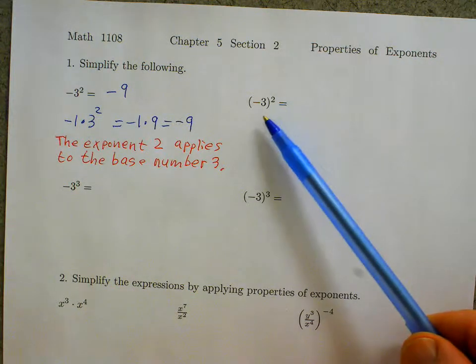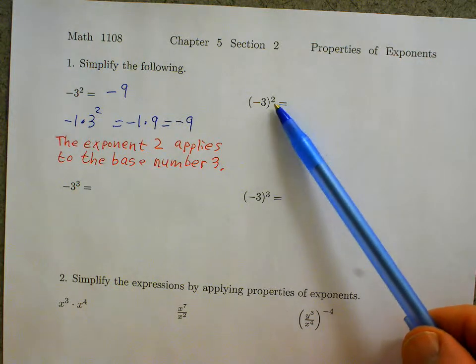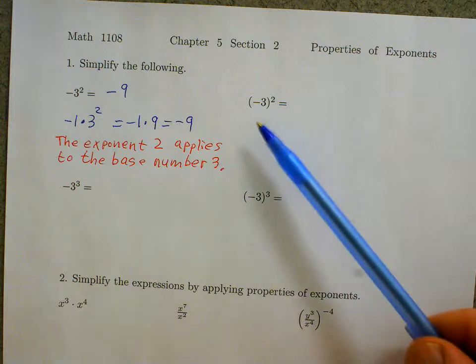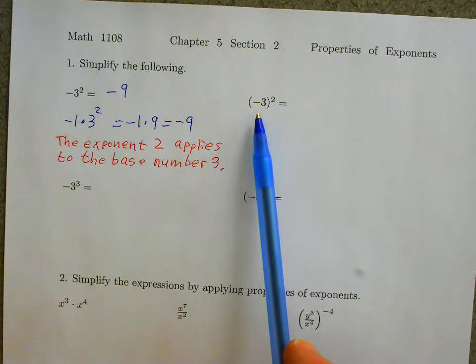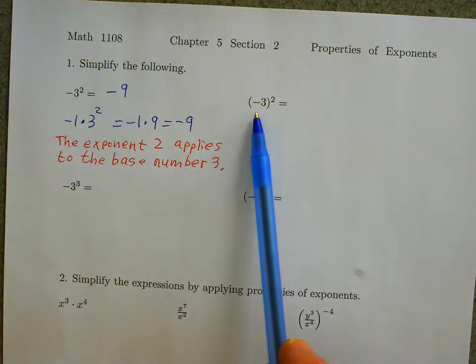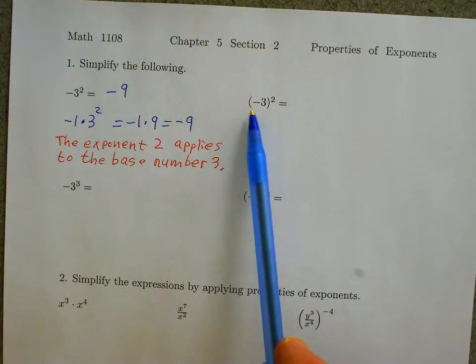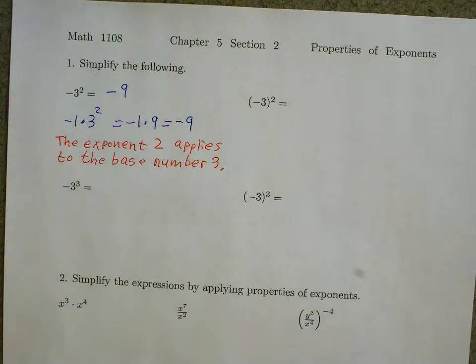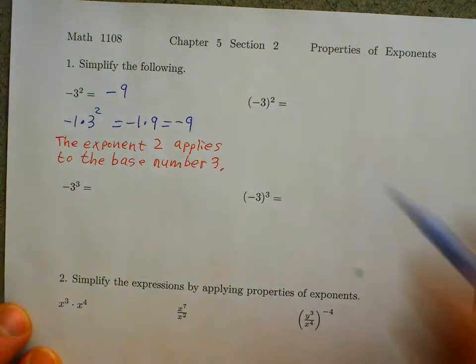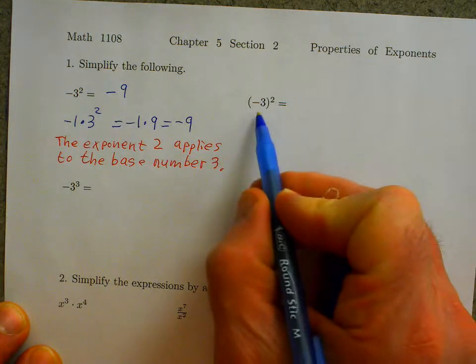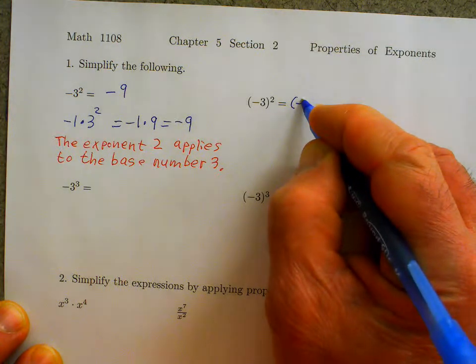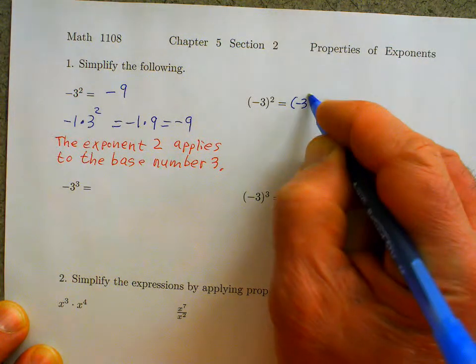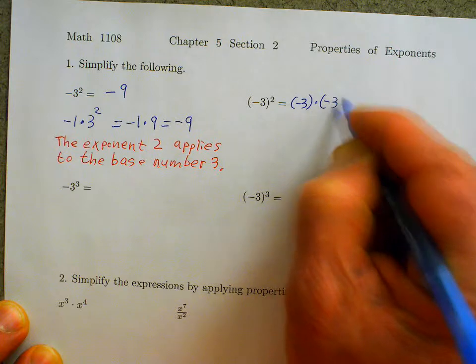This time, the exponent 2 applies to the number negative 3 because negative 3 is in parentheses, so it's the number negative 3 that's raised to the exponent 2. So one way to interpret this is the number negative 3 to the second is negative 3 times negative 3.